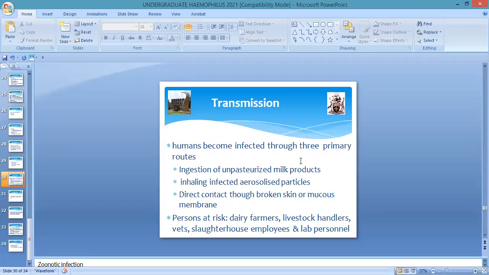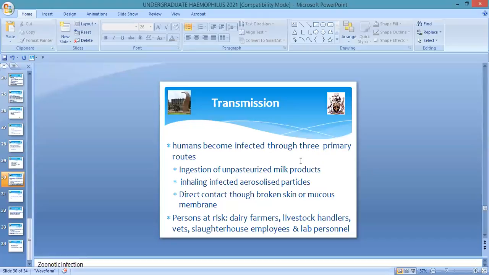Persons who are usually at risk include, of course, the dairy farmers, because they come into contact with these animals day in, day out. We also have livestock handlers. The vets also, because they come into contact with these animals during treatment, so when they don't wear the right PPEs, they can also get infected. The employees in abattoirs or slaughterhouses are also at risk because of that contact.